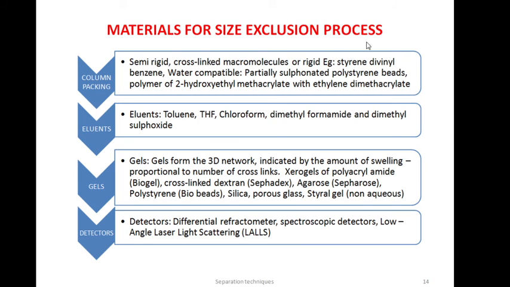What are the materials for size exclusion process? Materials are, we need a column packing, we need eluents. The column packings are usually gels. So what kind of gels do we need? And the detectors. Okay, detectors. So the column packings are semi-rigid or rigid cross-linked macromolecules.